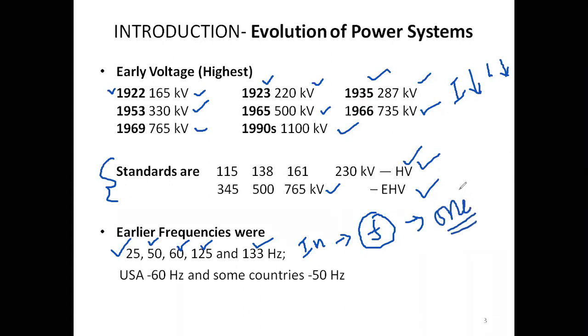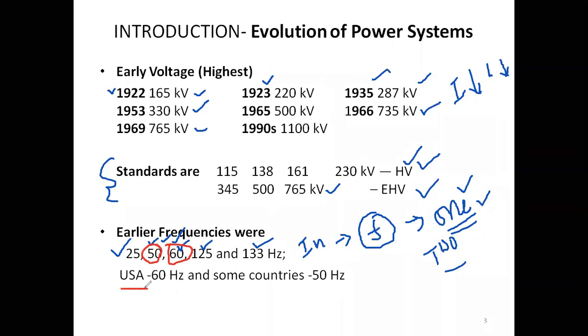But maintaining one frequency in the entire world was not possible. Some people thought of going for 60 Hz, and some for 50 Hz. So it was not possible to maintain one system throughout the world, and that's why it was extended to two frequencies: one is 50 Hz and the other is 60 Hz.